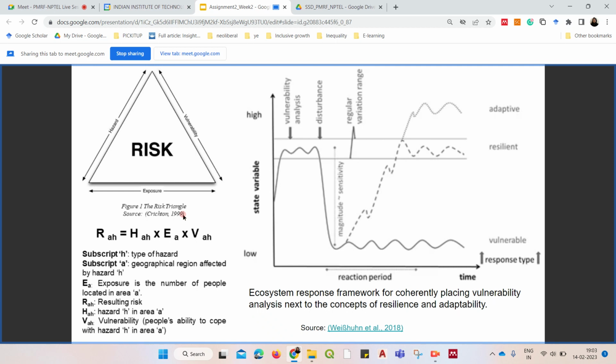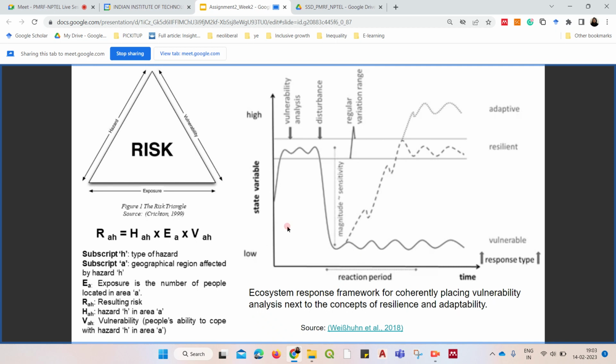So if even one of the three things is zero, so if even one side of the triangle becomes zero, the area of the triangle will be zero. So this is how this concept explains risk and vulnerability. If hazard, exposure, or vulnerability becomes zero, then the risk on that system becomes zero. So this is one way of understanding vulnerability.